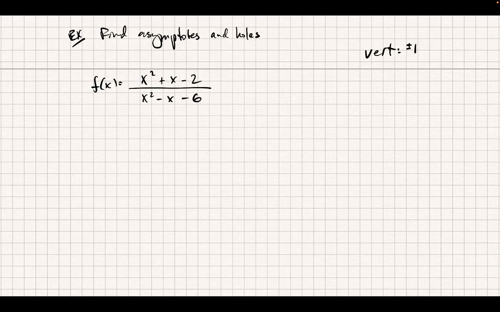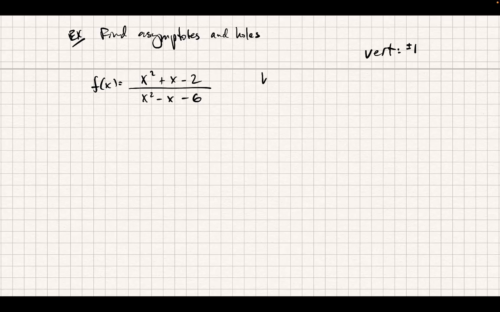By the way, you are safe now looking at the degrees for the horizontal asymptotes. Meaning you can go directly to this for horizontal asymptotes. That's fine. You can do that.